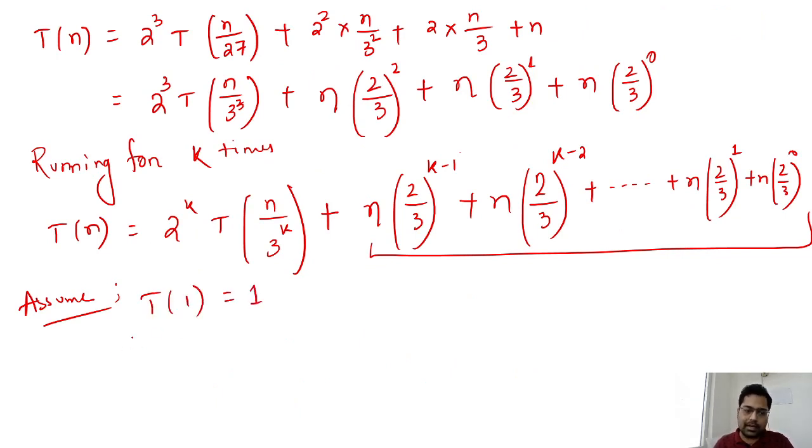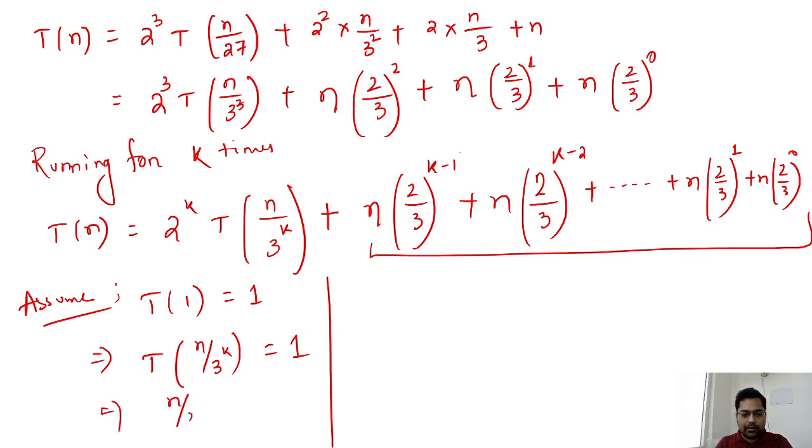If you are writing the base condition directly, the function is n by 3 to the power k is 1. Now you can write the value inside that, so to simplify, n equal to 3 to the power k.